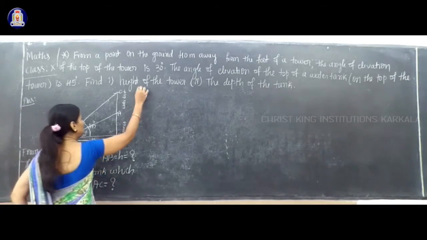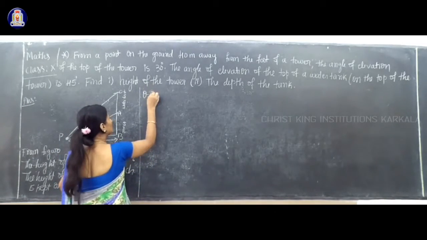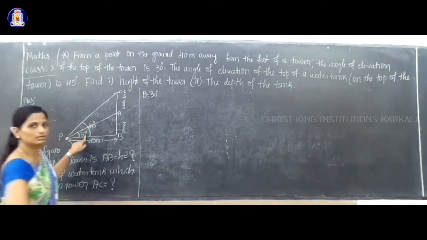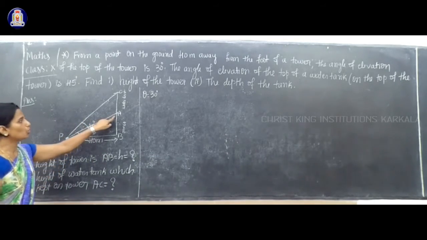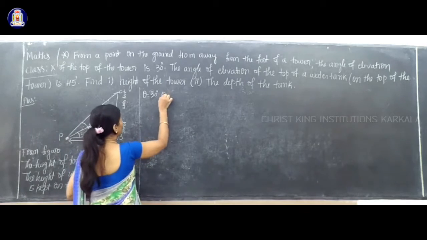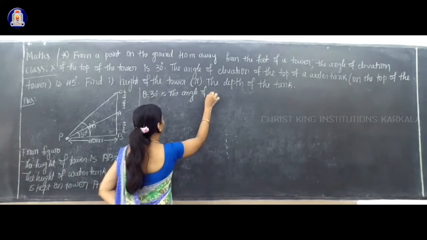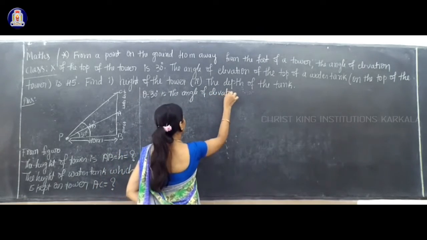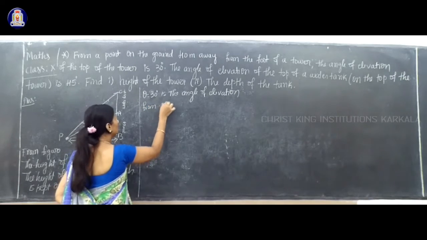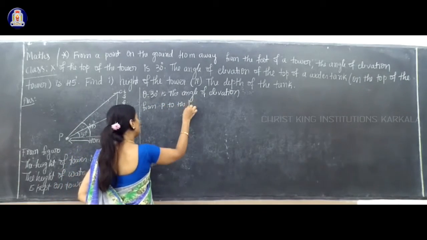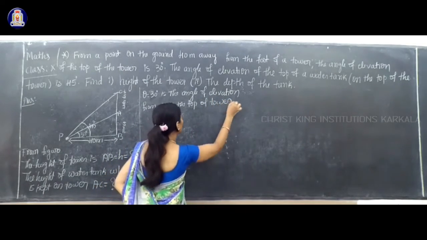Now next, theta is equal to 30 degree. What is theta equal to 30 degree? The angle of elevation from the point P to the top of the tower.